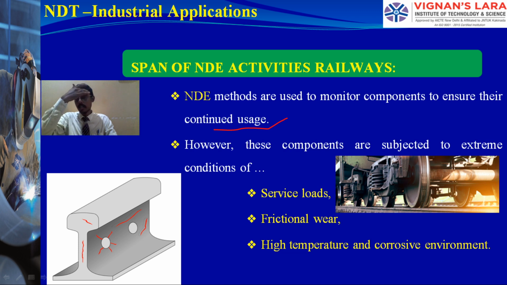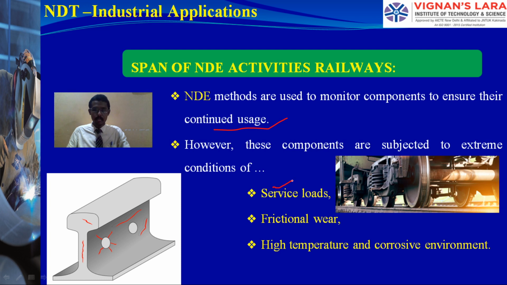These components are subjected to various extreme conditions, such as service loads, depending upon the loads on the railways. Depending on how much load is applied and how much capability the component has, a crack may form. Also due to wear, the wheel and the railway tracks are in friction, so frictional wear definitely happens on the wheel.